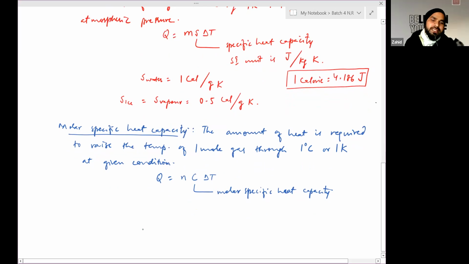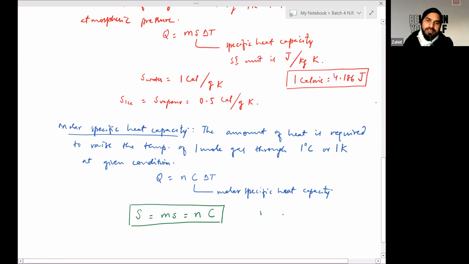If you relate these 3 quantities, we may write capital S equals mass times small s equals number of moles times molar specific heat. Here n is the number of moles, which may be written as given mass divided by molar mass. So if you have to convert from one to another, just use this formula.